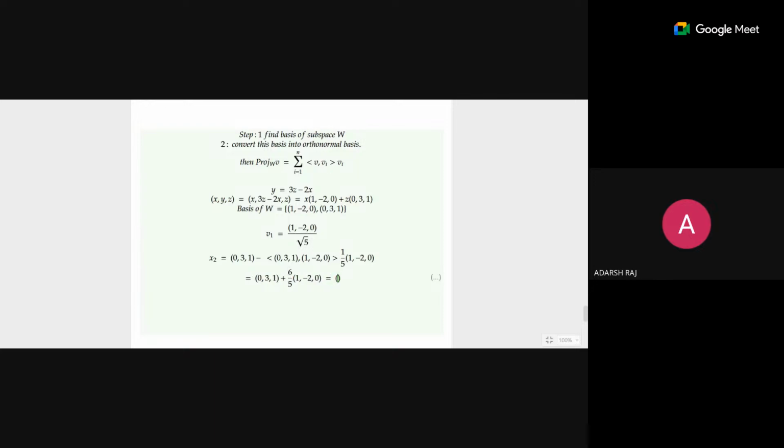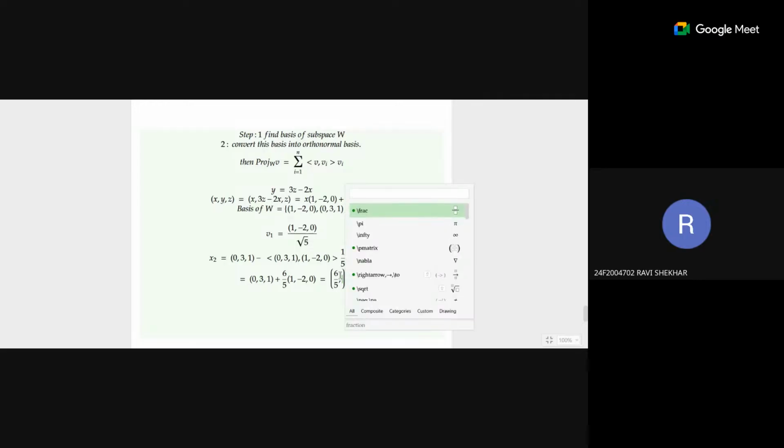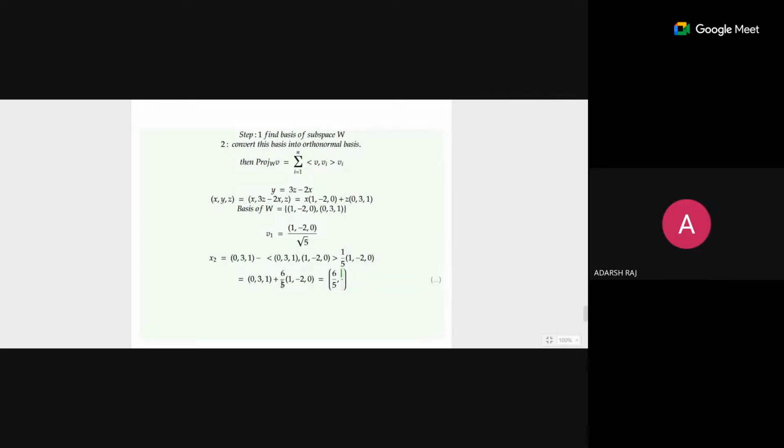And what will be this value? 6 by 5, comma, 3 minus 12 by 5, that is 3 by 5, and the third one is 1, right?